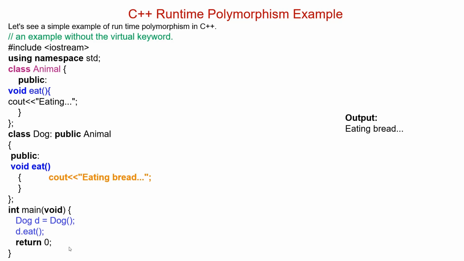The output will be eating bread, because the variable d points to the object of Dog. That's why it will call the eat method of the Dog, not Animal. That's why the output will be eating bread.